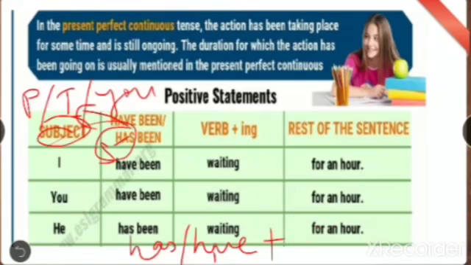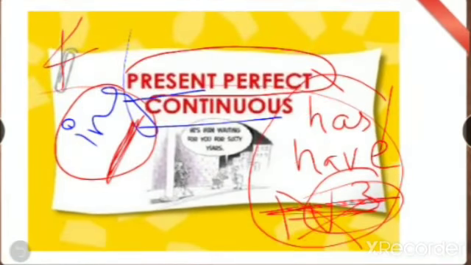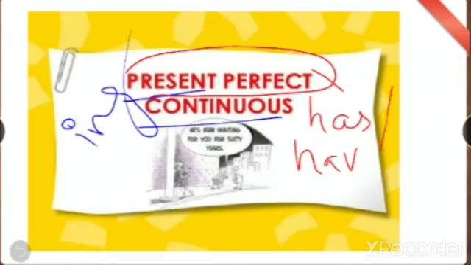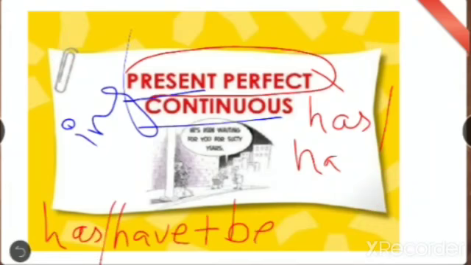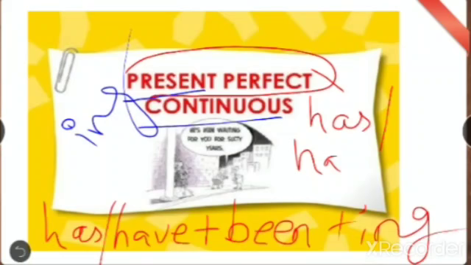Okay, so if you want, can write it over here. Has or have plus been plus ing. Okay, this is the formula of present perfect continuous tense. You can note this down beside the title of your page 59.